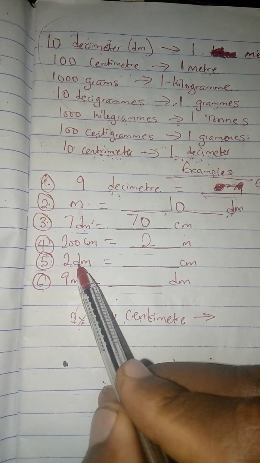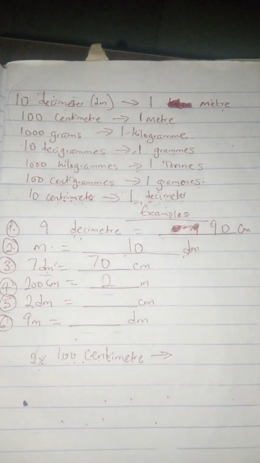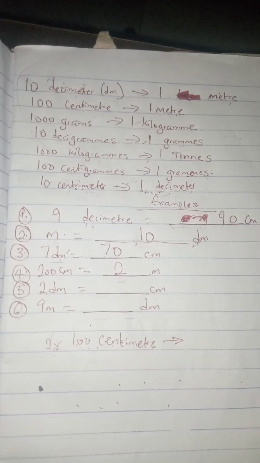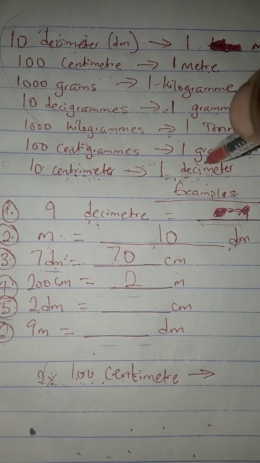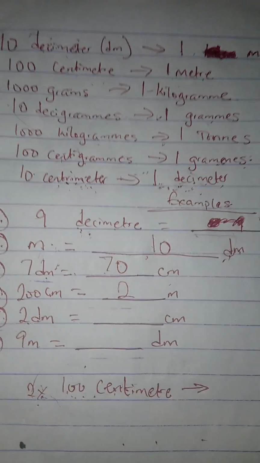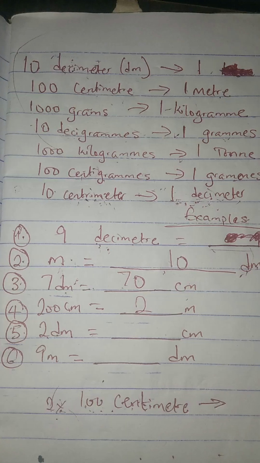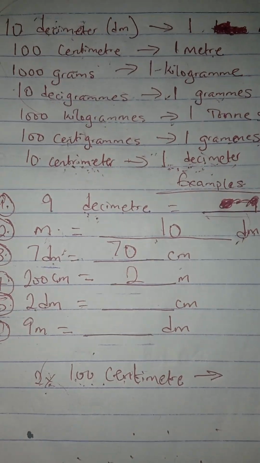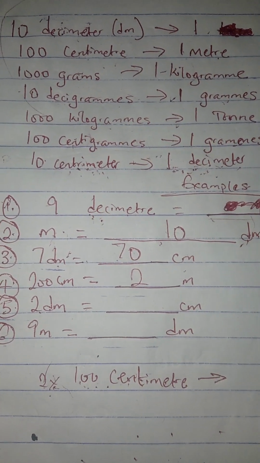Now, the next question we have here is what? 2 dm, that is this 2 decimeter equals to how many centimeter? Now, this is where you are going to take your answer from. Remember 1 decimeter will give us 10 centimeter.